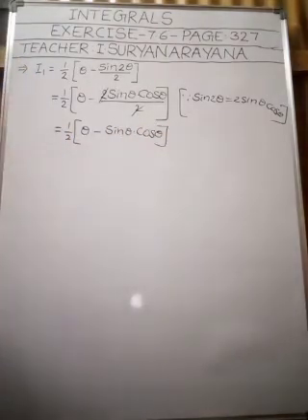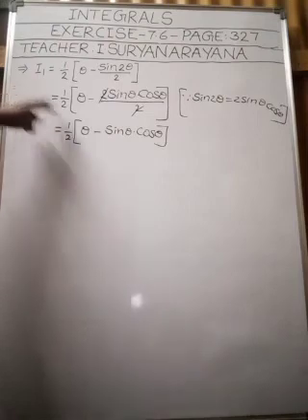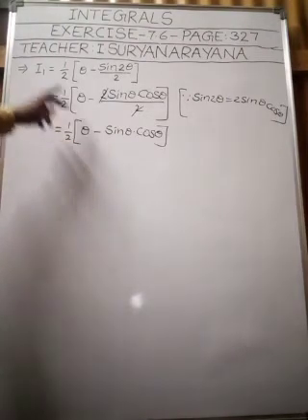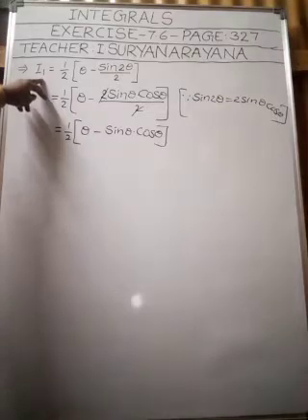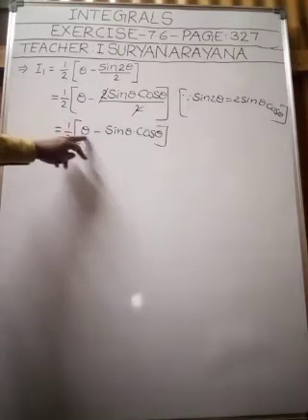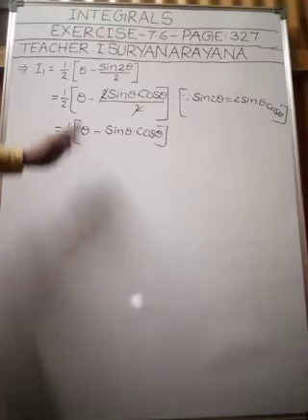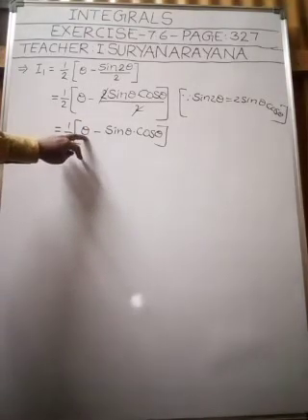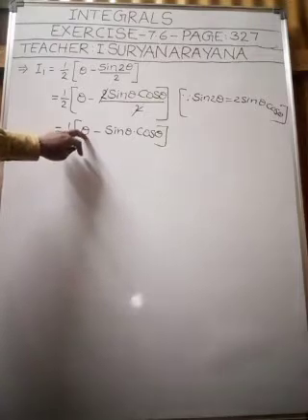This is the I1 value, but the given function is in terms of x, and here we got the answer in terms of theta, so we had to transform it into terms of x.